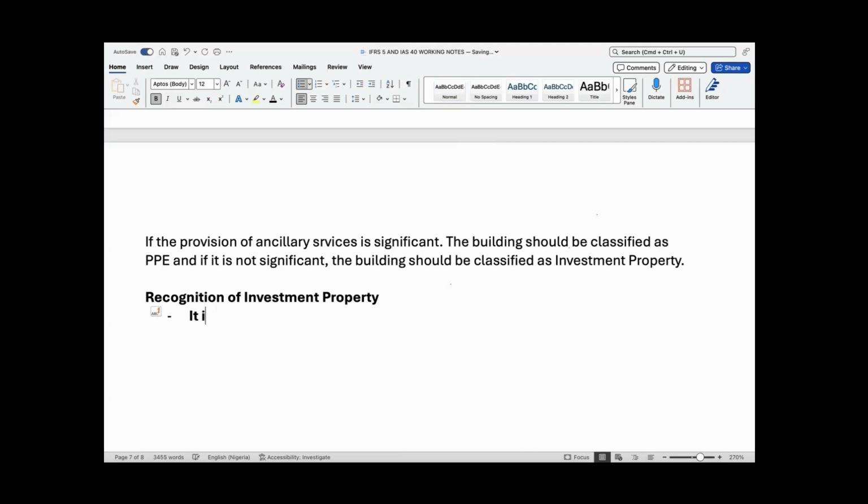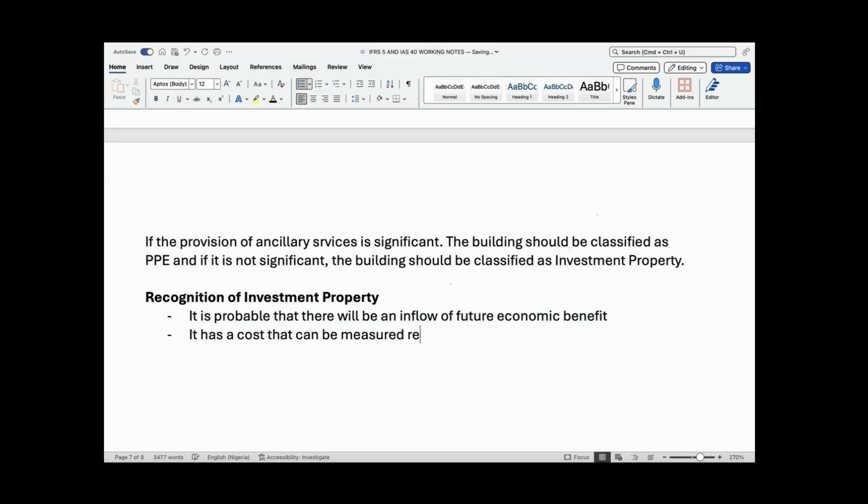Number one, if it is probable that there will be an inflow of future economic benefits, and also it has a cost that can be measured reliably.